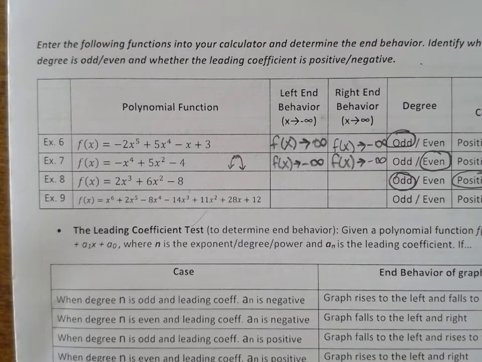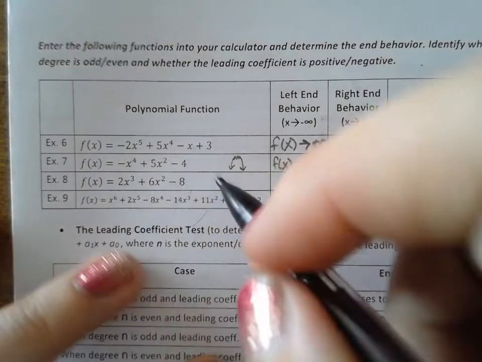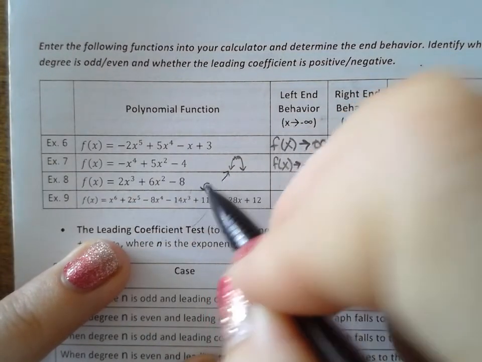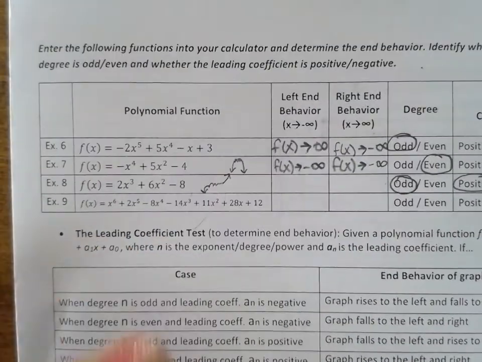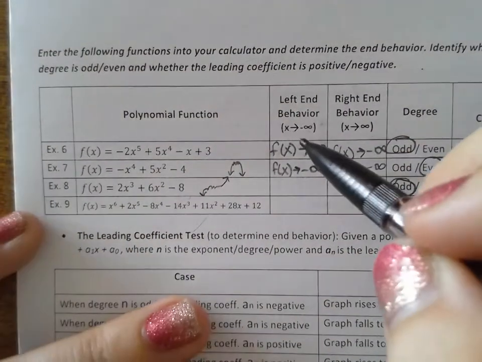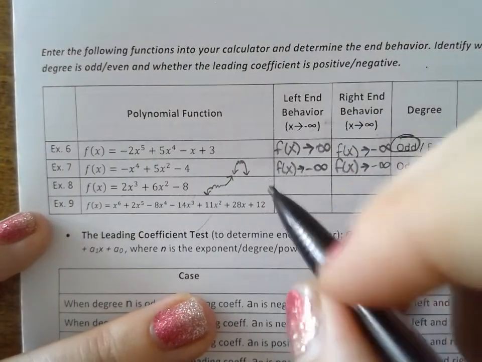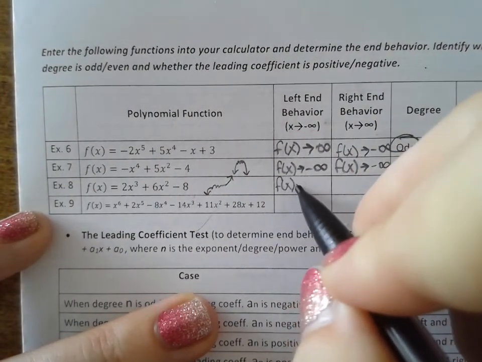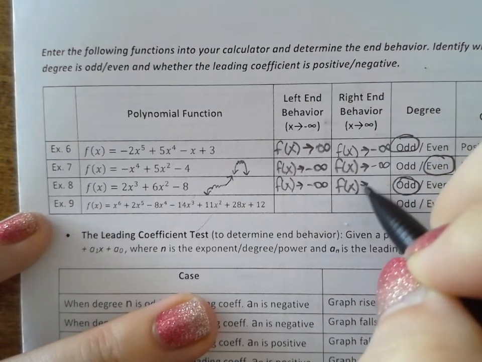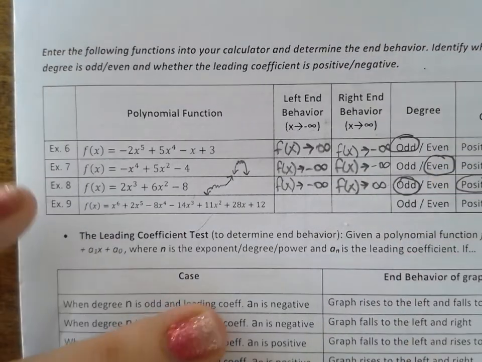The ends go opposite direction. So if it's a positive lead coefficient, it's up in the positive direction. So it doesn't matter what happens in between. The left side's going down, the right side's going up. So as we approach negative infinity, f of x approaches negative infinity. And as we approach positive infinity, the right side approaches positive infinity.